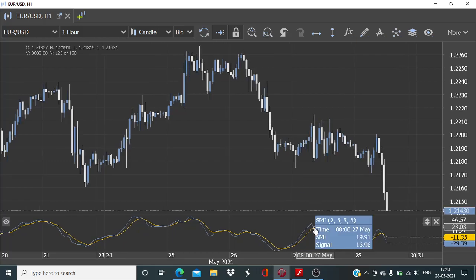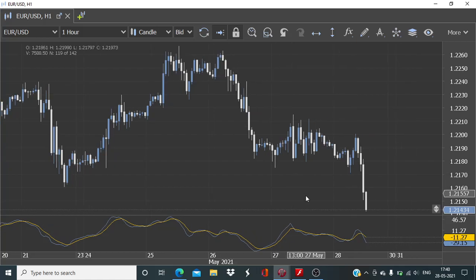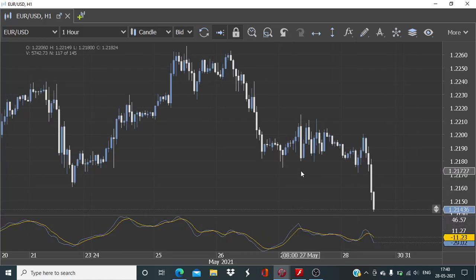And here, if you consider the traditional use of this indicator, then when we have the value above 40, it is considered a strong bullish momentum, and when we have the value below minus 40, it is considered bearish.